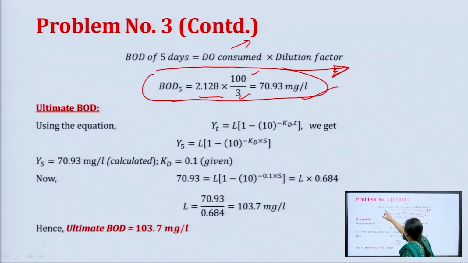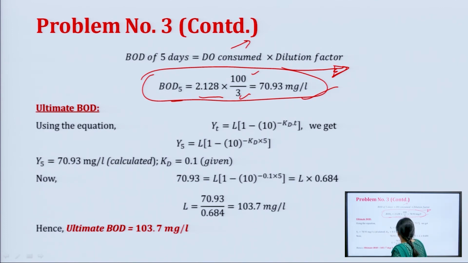You already have the BOD5, now you require the ultimate BOD. The ultimate BOD is the amount of organic matter actually present.